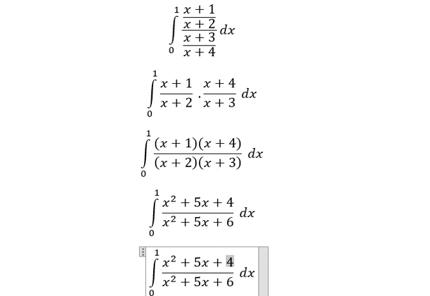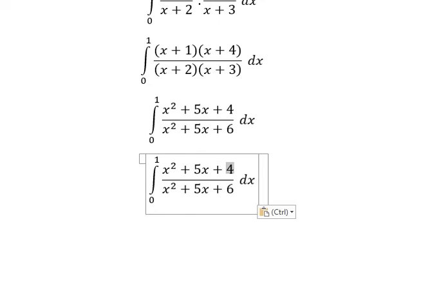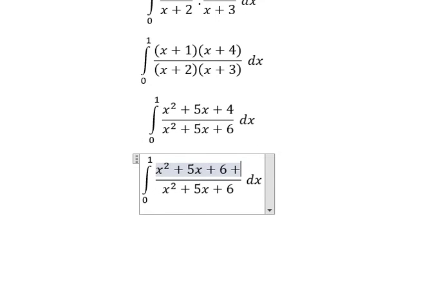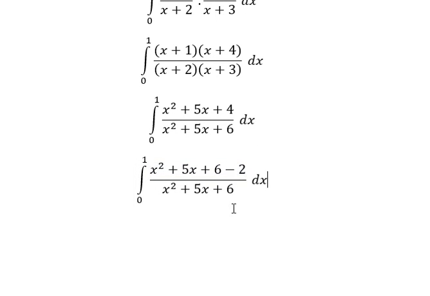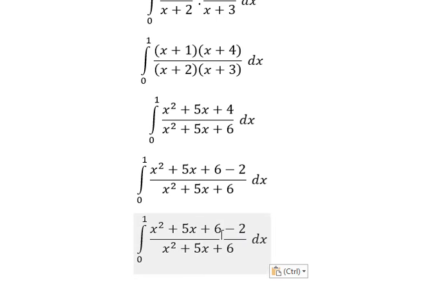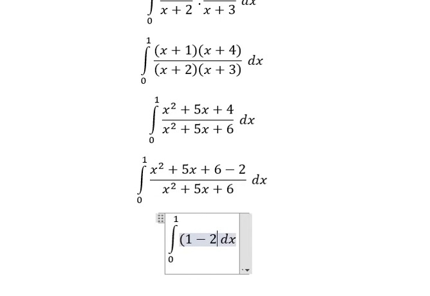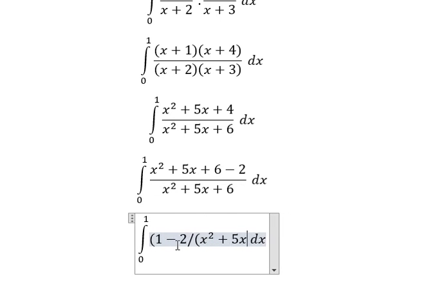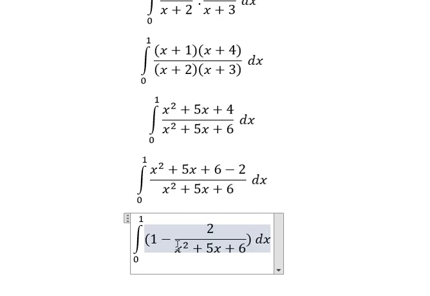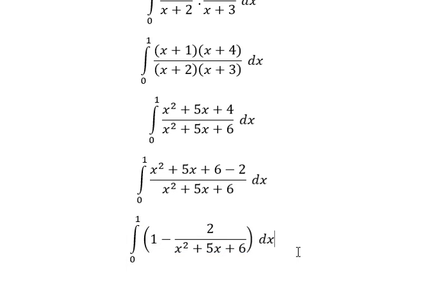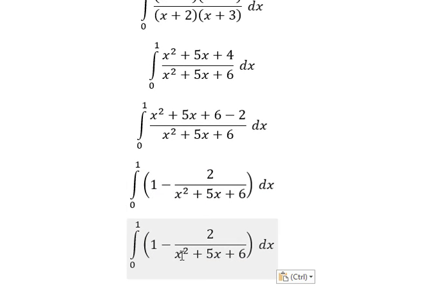So 4 we can put into 6 plus minus 2. So this one divided by this one, so we have 1. So this one, that is about this one.